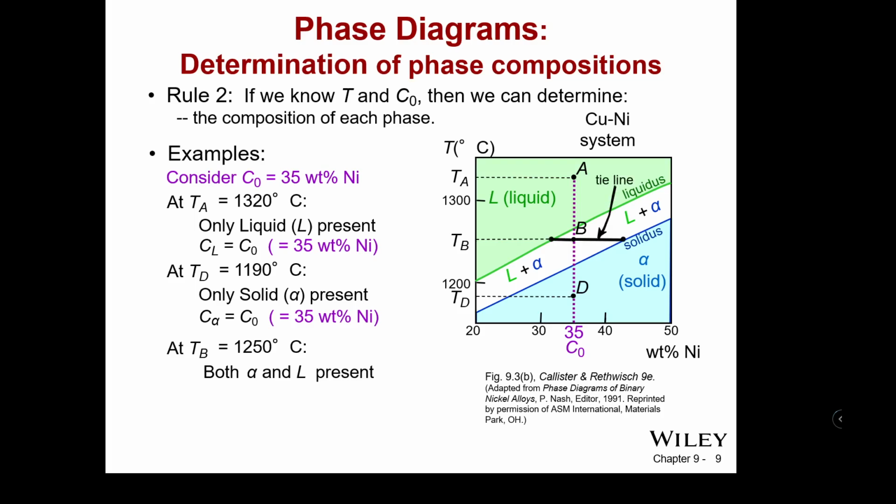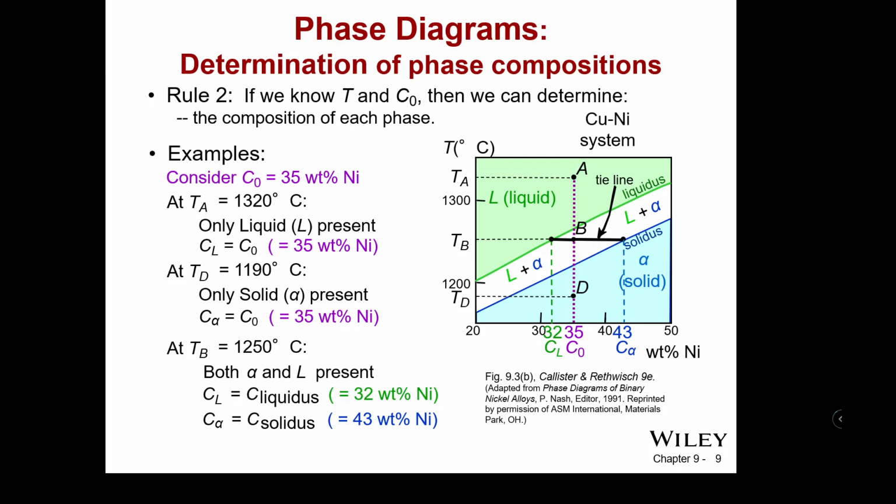So this tie line tells us a lot about the composition. When we are at temperature B, what that means is we look all the way to the left side, and that line intersection point gives us our 32 weight percent nickel in our liquid side. And on the other side, the concentration in the solid is 43% nickel.